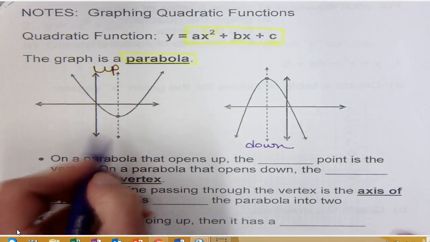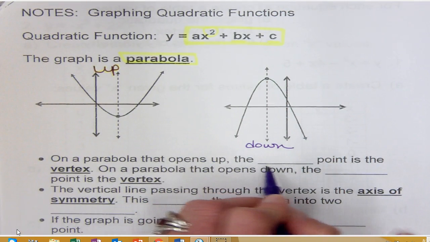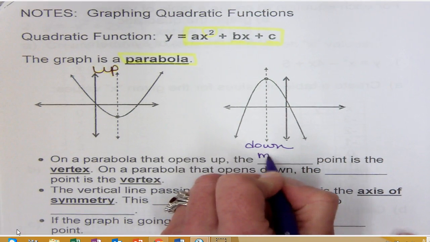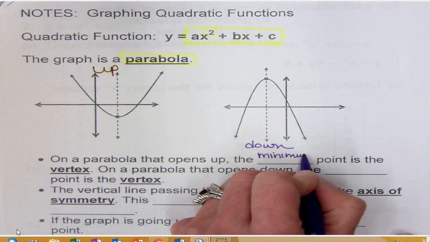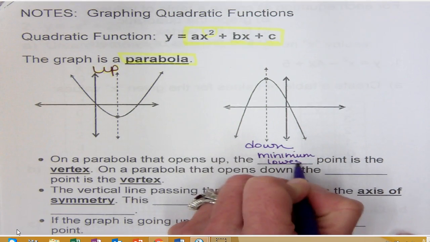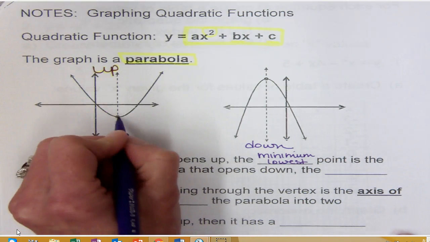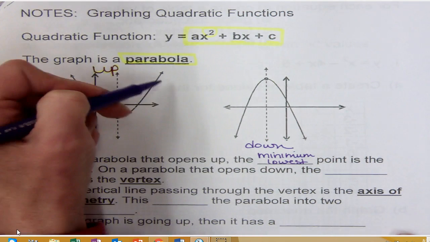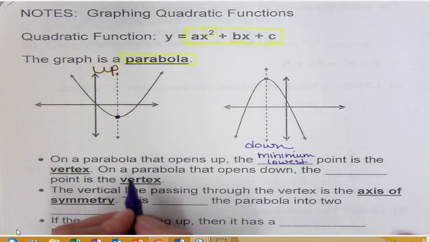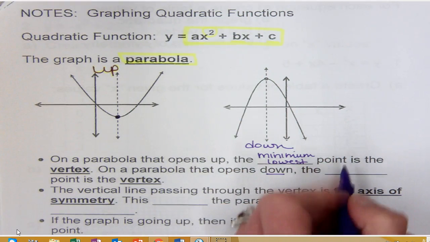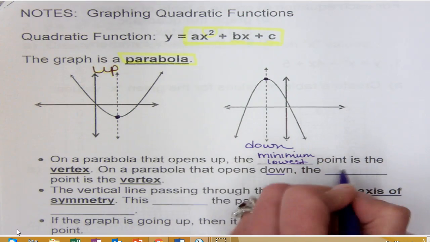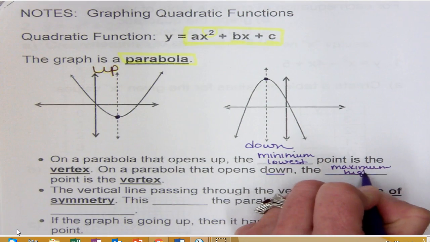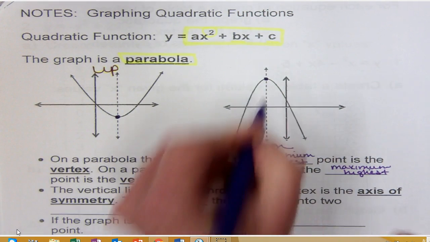Okay, so on a parabola that opens up, the minimum or lowest point is the vertex. So my vertex is that very lowest point where the parabola starts to make the turn to the other side. On a parabola that opens down, the maximum or highest point is the vertex.